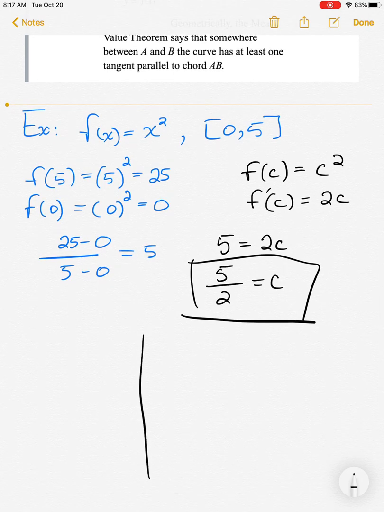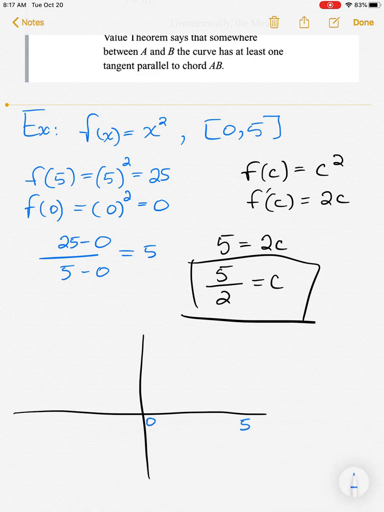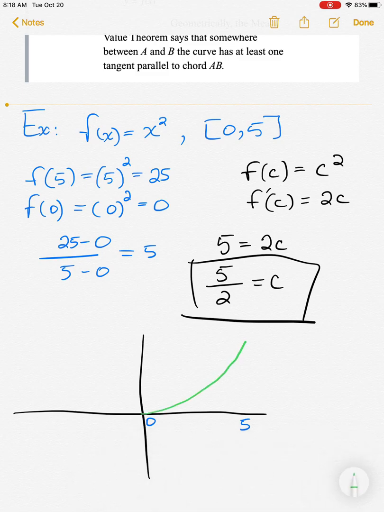So basically all that says is, on the closed interval of 0 to 5, here's 0, here's 5, the graph is looking something like this. f of 5 gave us 25, and f of 0 gave us 0.